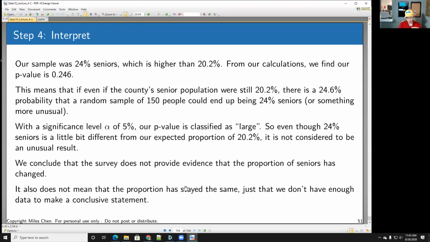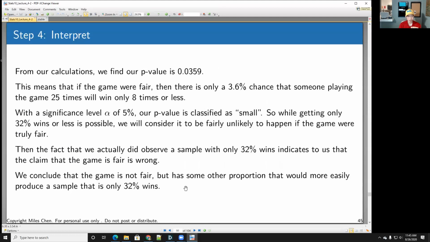In the other example, the game, our p-value came out to around 3.6%. We compare that to our alpha: 3.6% is less than 5%, so this is an unusual outcome, unlikely to happen, and therefore we conclude that the game is unfair.